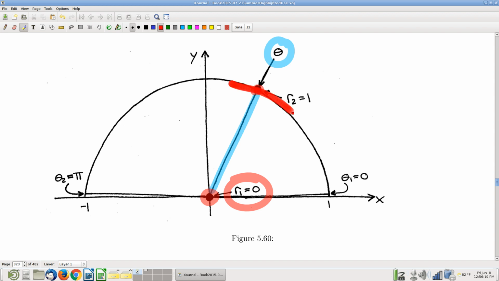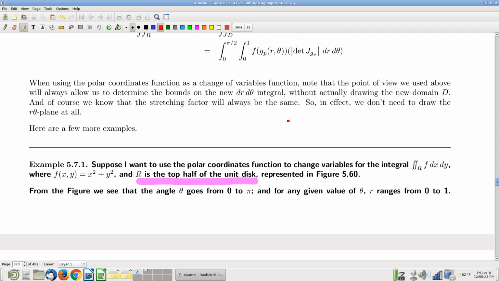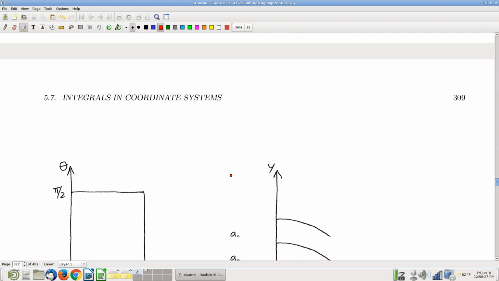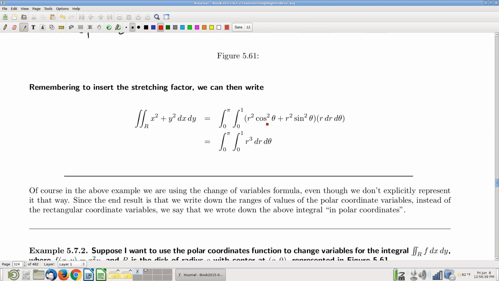That point's on this curve. Well, this is the top half of the unit disk. The unit disk is where r is equal to 1. Right, so our r slicing of our theta slicing starts at 0, ends at 1. And that's what we have here then, our r bounds 0 to 1.